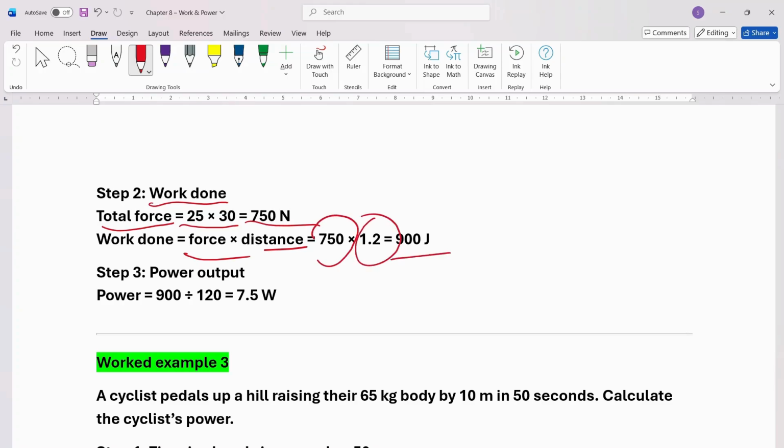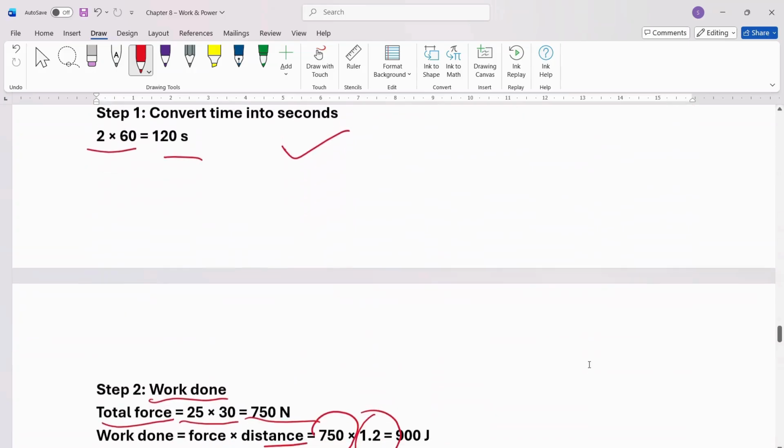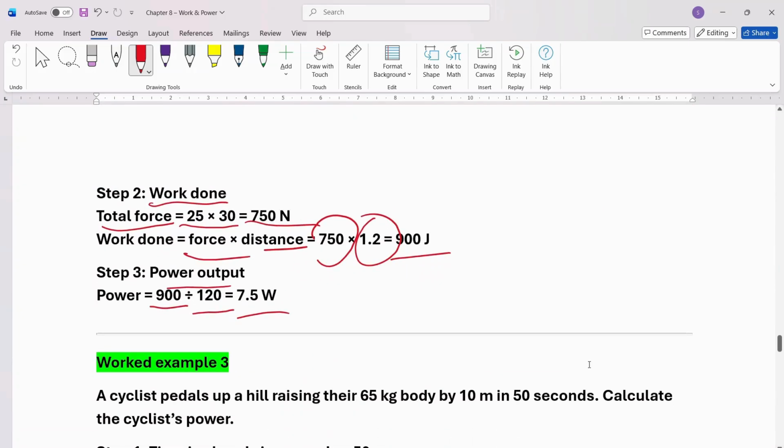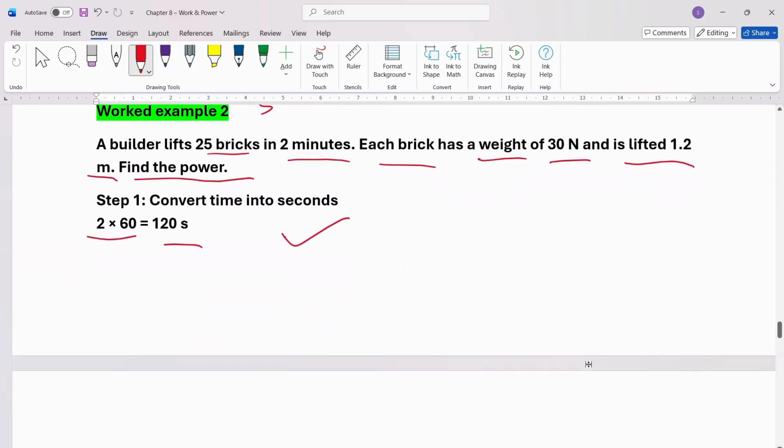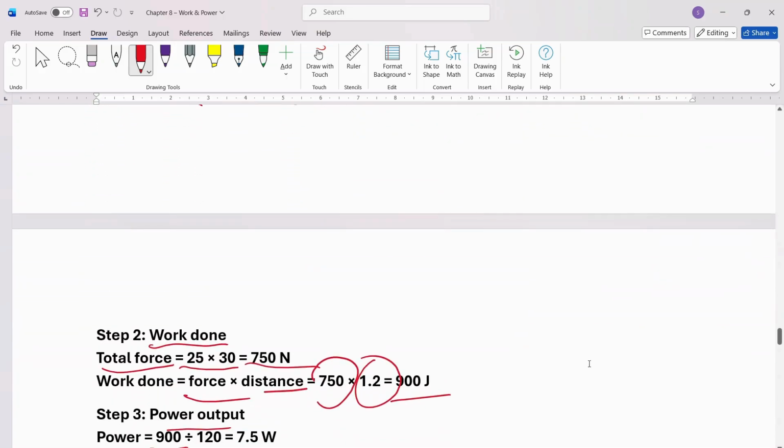We will get the work done, 900 joules. Then we need the power output: work done divided by the time, and we will get the power output. This is weight.